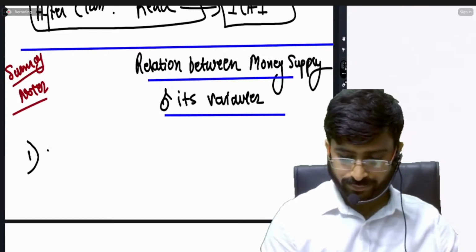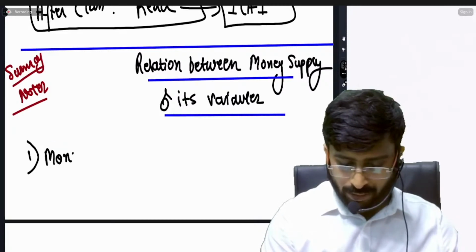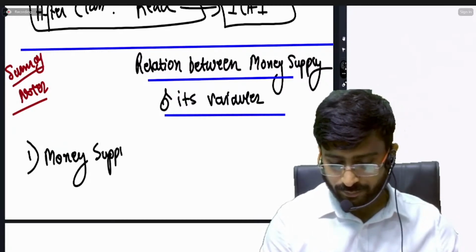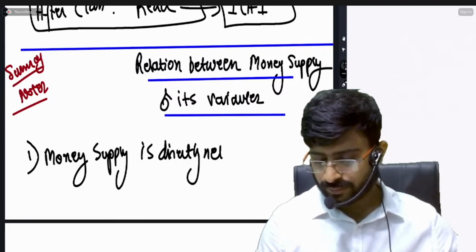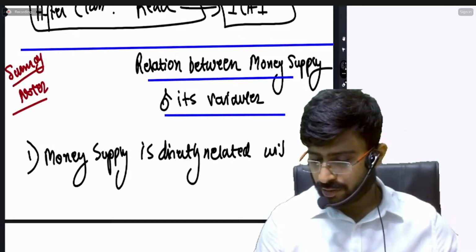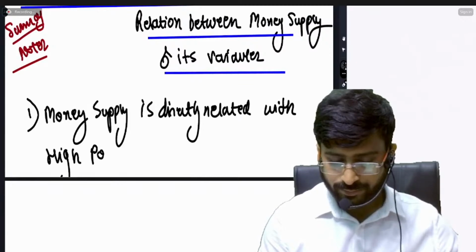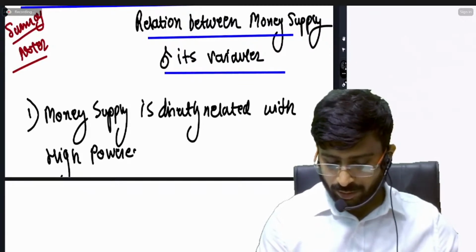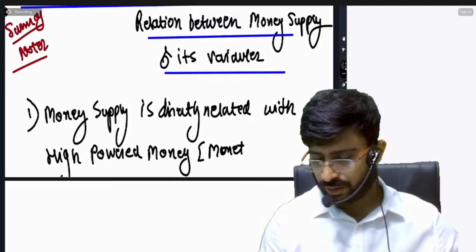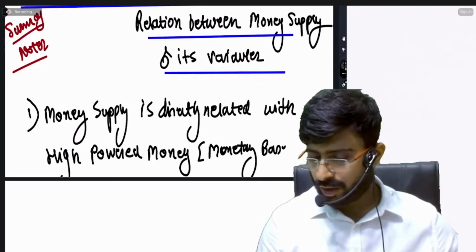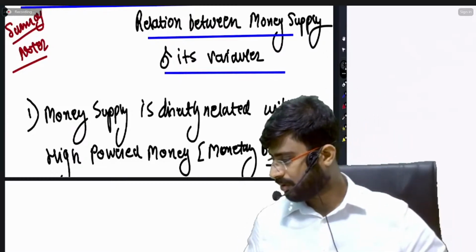Number one, money supply is directly related with high powered money, also called the monetary base.